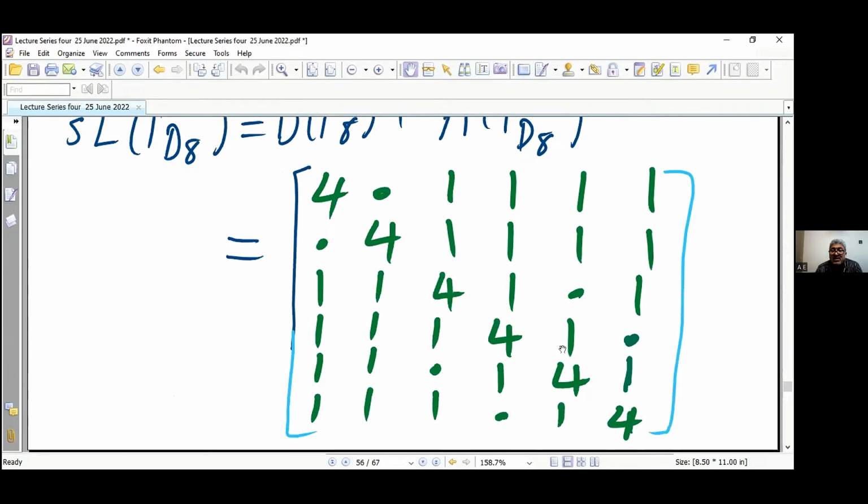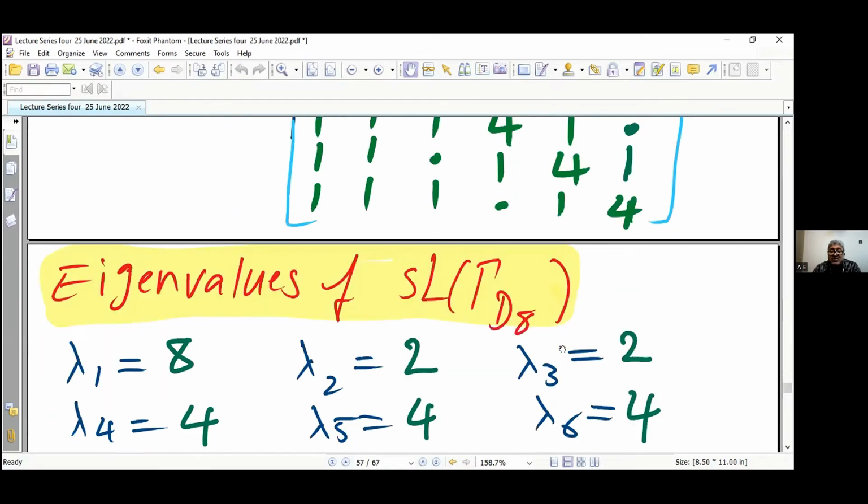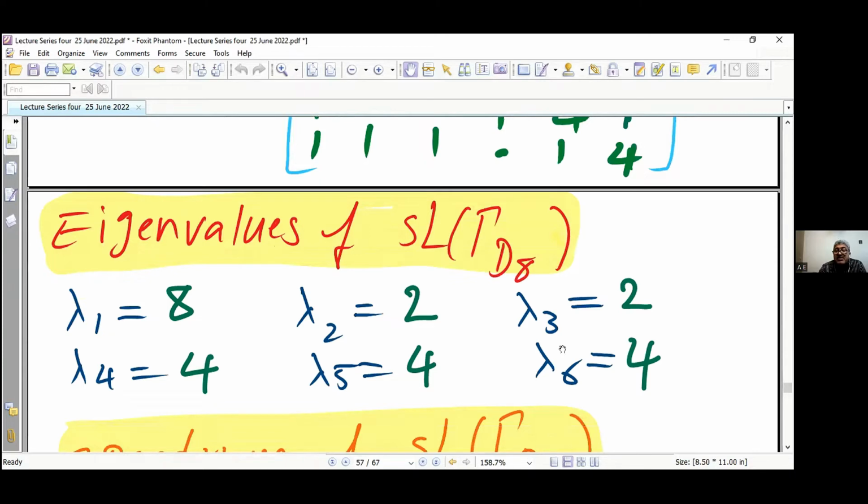So here is the signless Laplacian matrix. It is a 6 times 6 matrix. On the diagonal, we have 4. And if you compare the signless Laplacian matrix with the Laplacian matrix, you just replace -1 by 1.